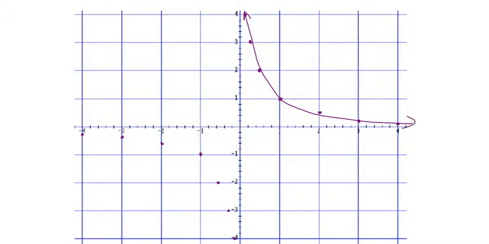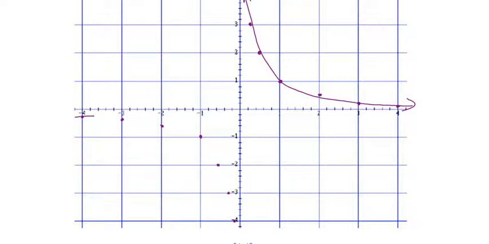Same thing. Okay, so there's the graph y equals 1 over x. Right? Now we could graph that on a graphing calculator as well. I mean, it's nicer to see it on a nice grid, right?